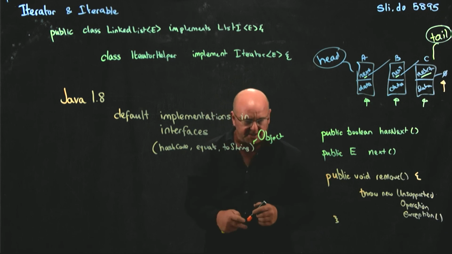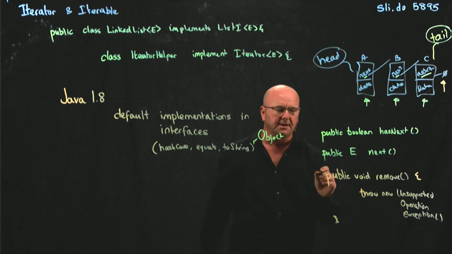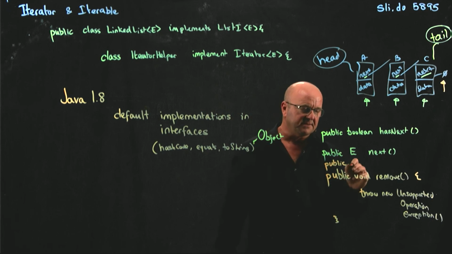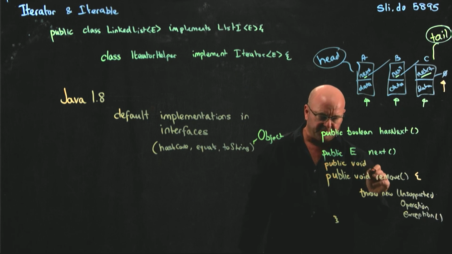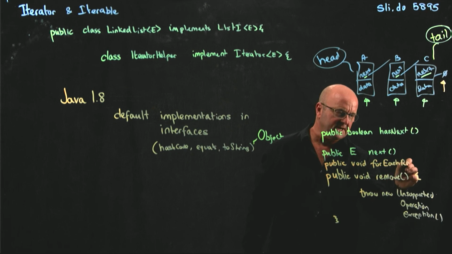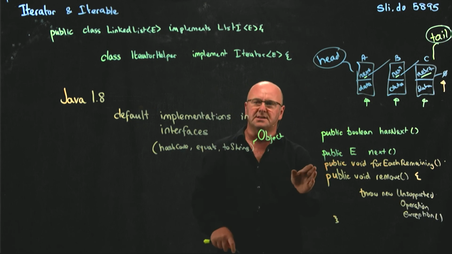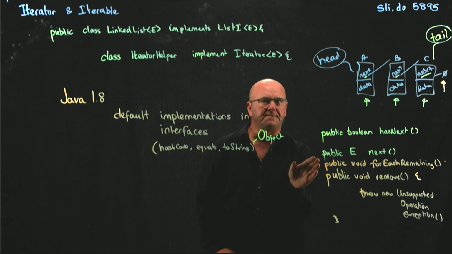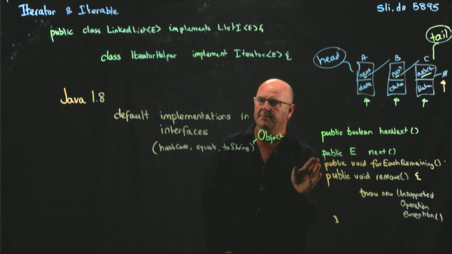The other change that they made is that in the iterator interface, there is a public void forEachRemaining. And again, you don't need to worry about that. In fact, nobody needs to worry about that because there's a default method which doesn't do anything.